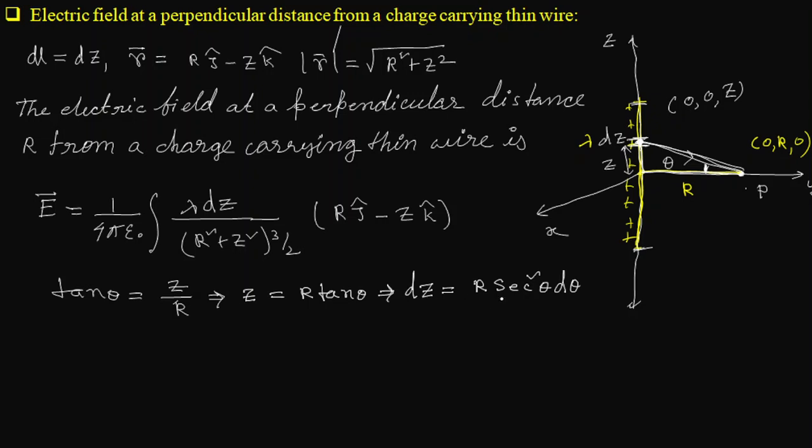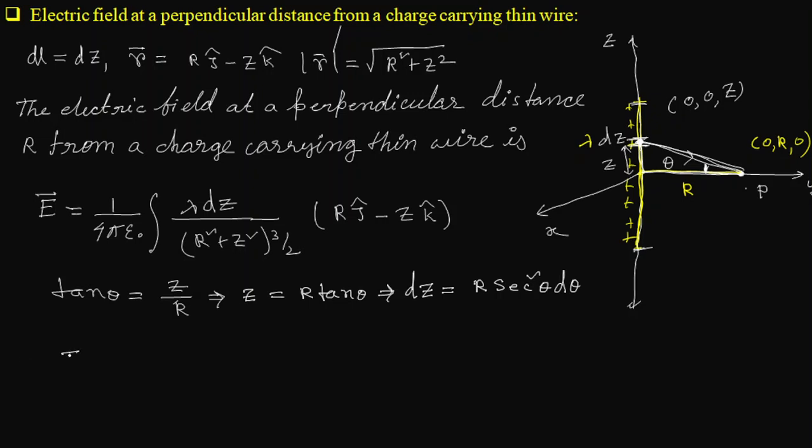So dz will be r sec square theta d theta, and the value of z will be r tan theta. Now we can replace dz in terms of theta.